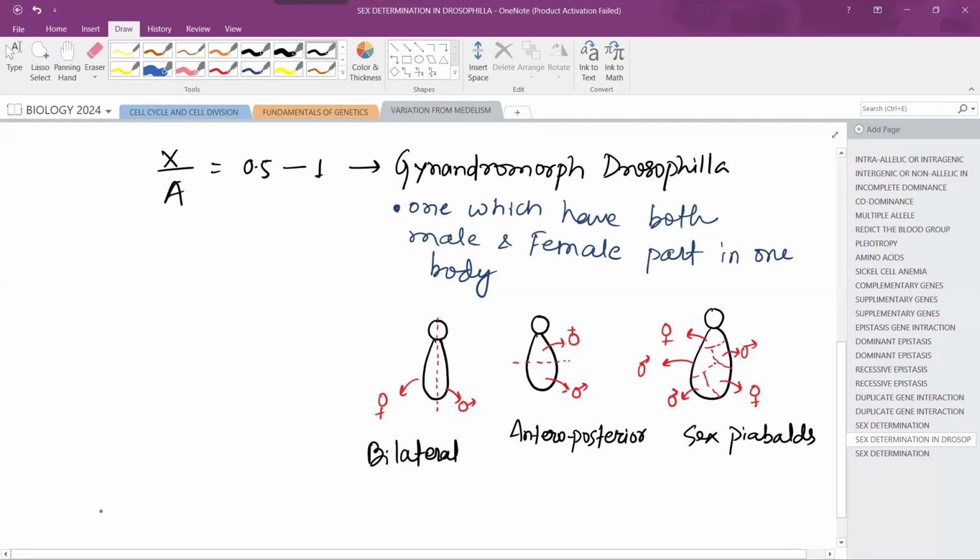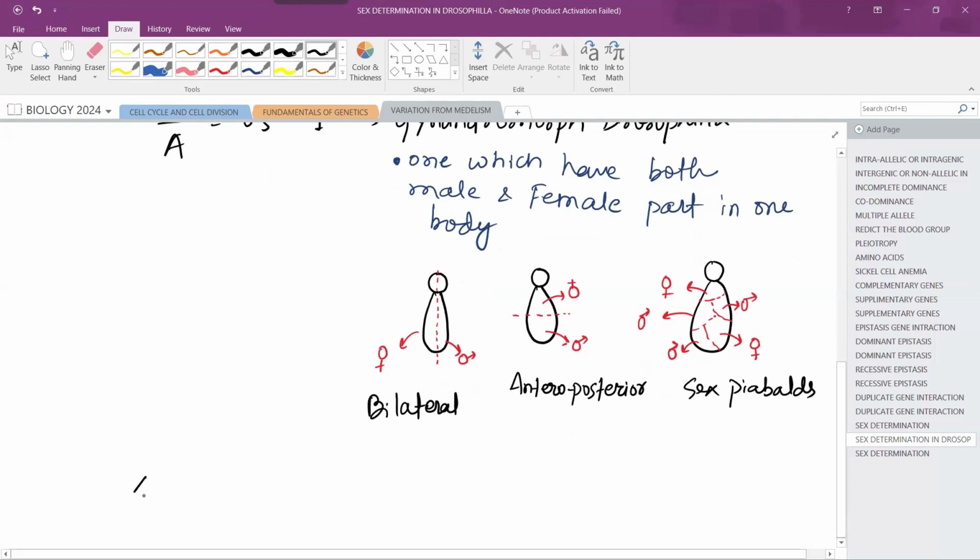And if the X to A ratio is less than 0.5, you will get metamales or super male.